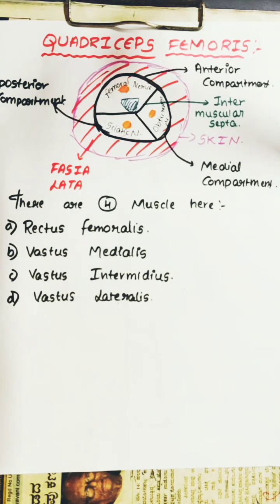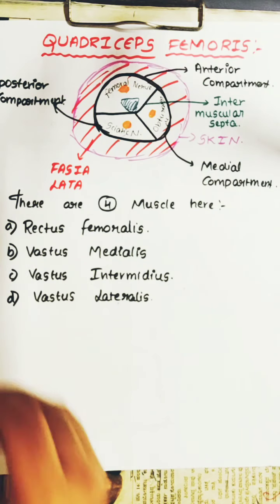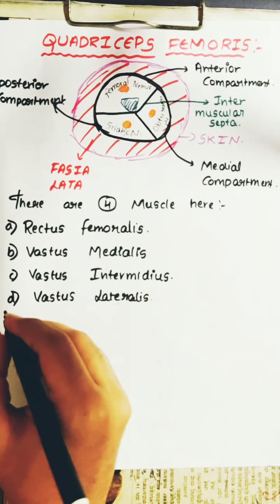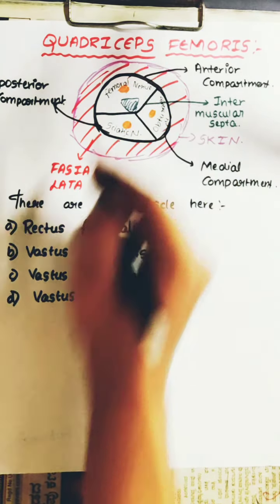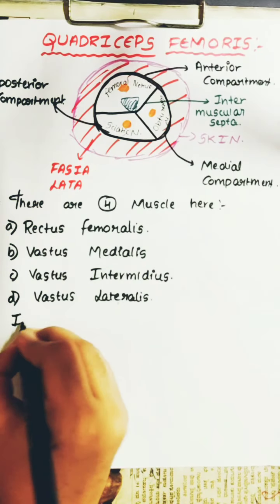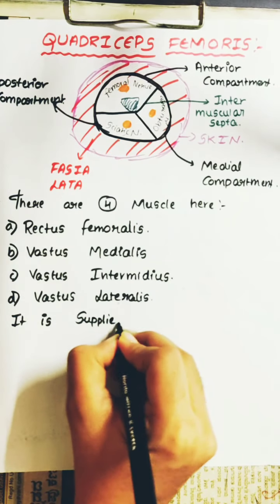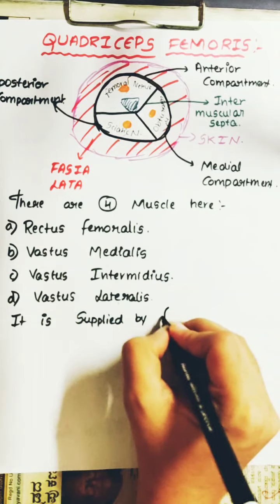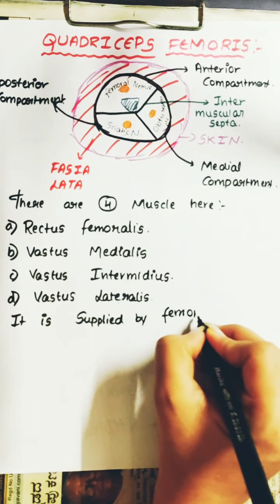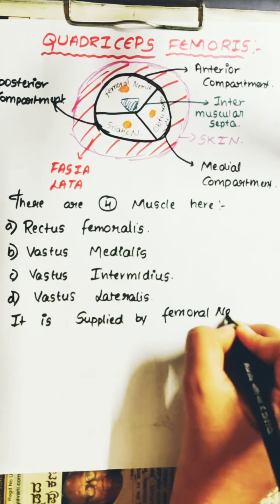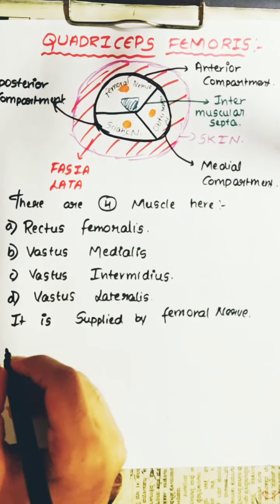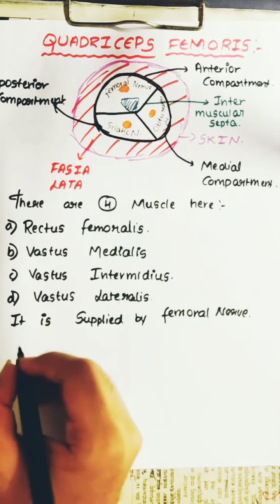The quadriceps femoris is mainly supplied by the femoral nerve. You can see it is present in the anterior compartment. It is supplied by the femoral nerve, and it forms the bulk of the anterior aspect of the thigh.